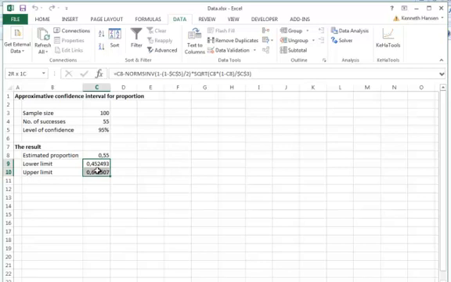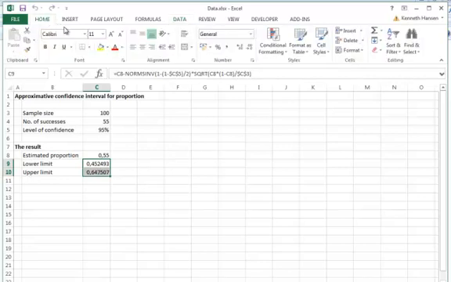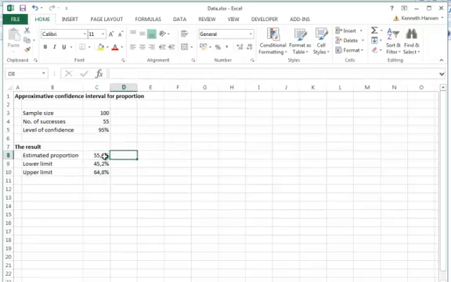We can change these numbers to percent if we want to, like this, and also this one. So our sample says that around 55% are going to vote yes, but that is rather uncertain. We can only say that we are certain that the true proportion of yes voters would be between 45.2 and 64.8%.